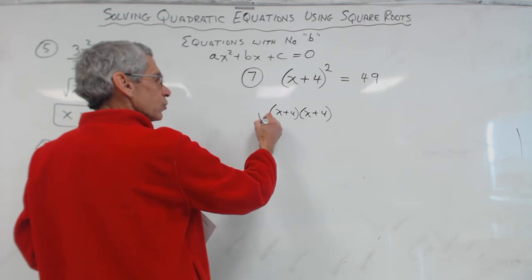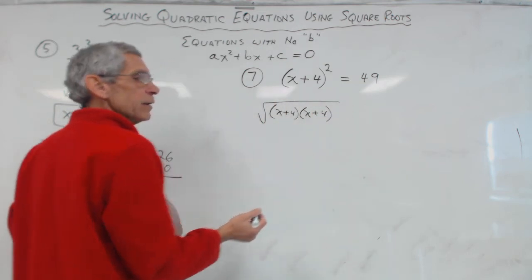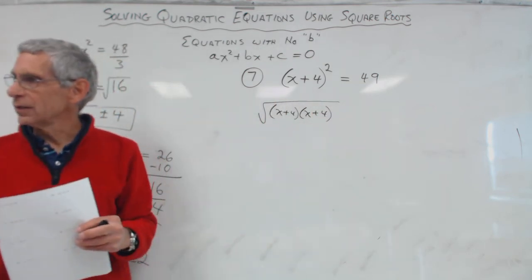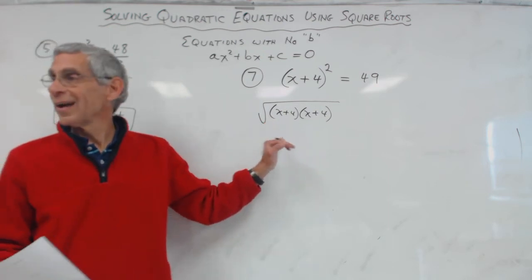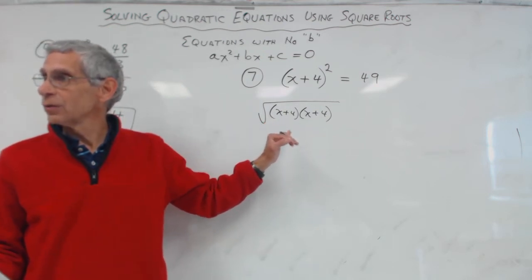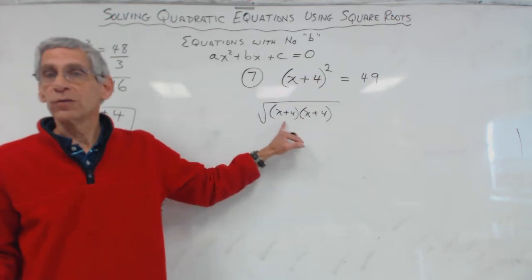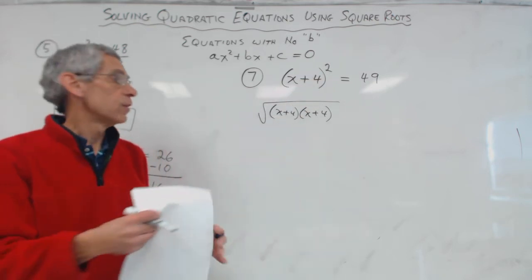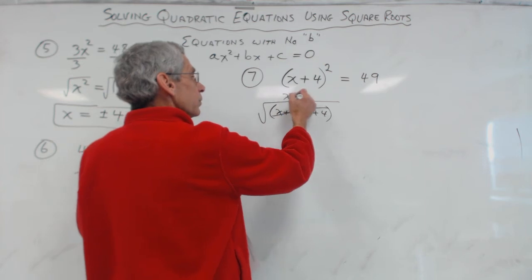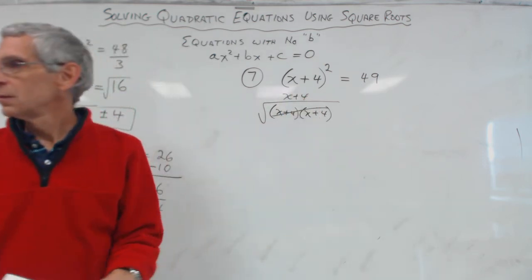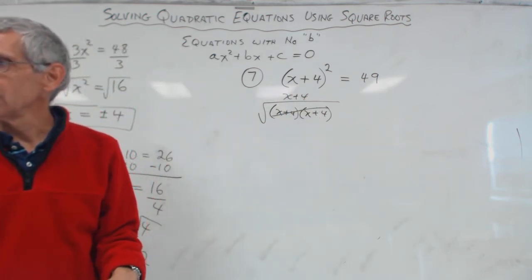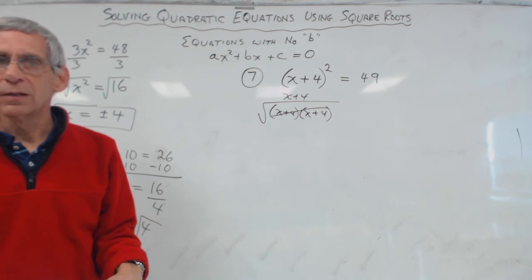And if I square rooted that, I'm asking myself, what does square root say? It says, what number times itself equals x plus 4 squared? Well, x plus 4 times x plus 4. Therefore, they come out as x plus 4. Yes? You with me? Did I lose anybody?